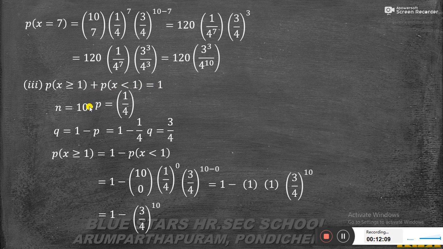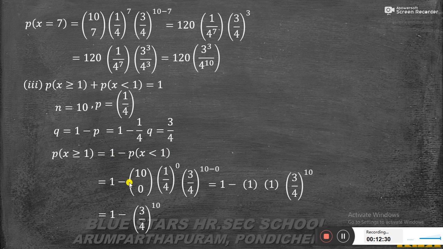So I take n equal to 10. The probability of success, the correct answer, p equal to 1 by 4. The probability of a wrong answer, q equal to 1 minus p, 1 minus 1 by 4, so q equal to 3 by 4. The probability of x greater than or equal to 1 means 1 minus the probability of x less than 1.